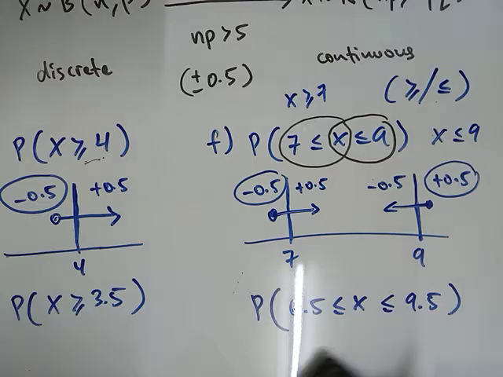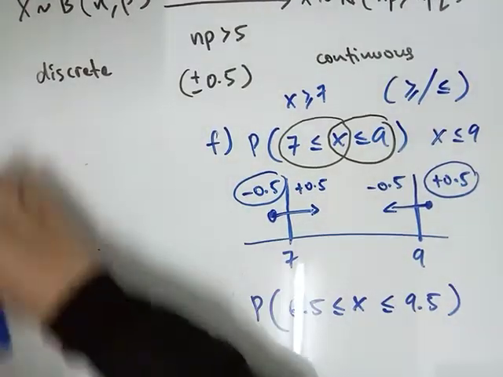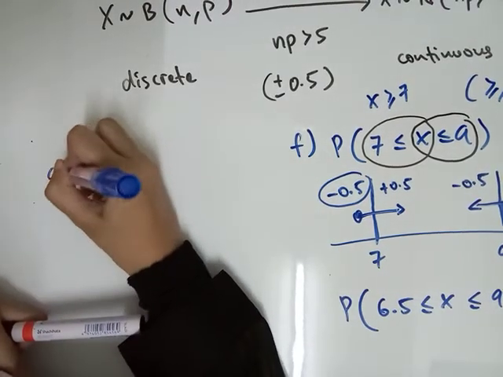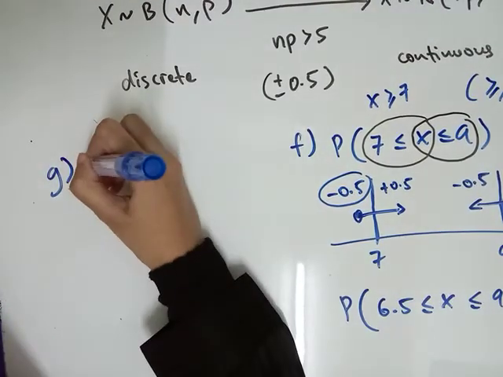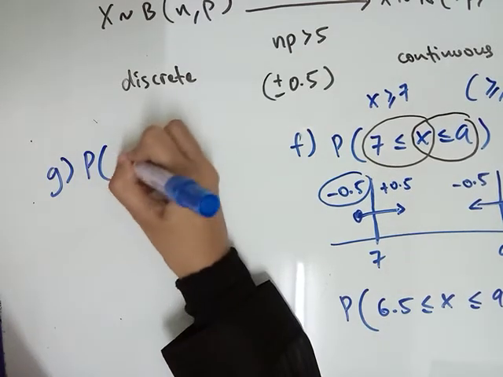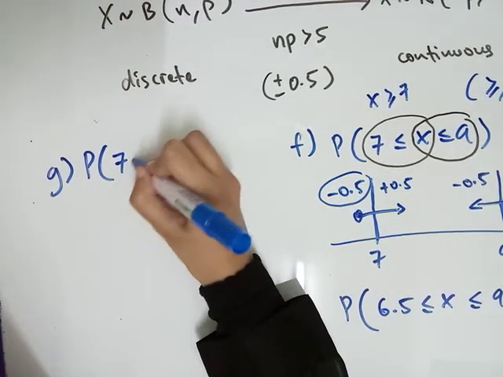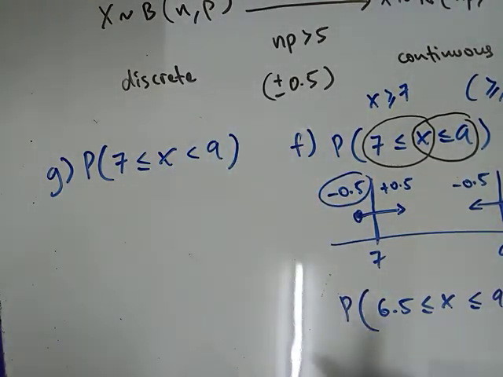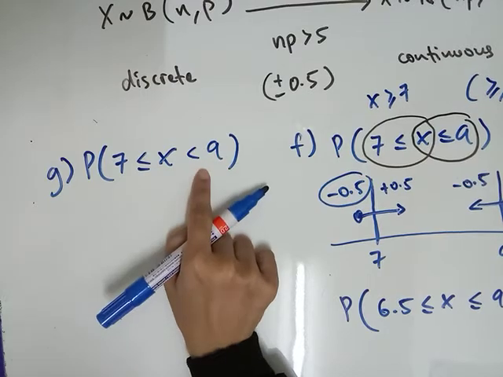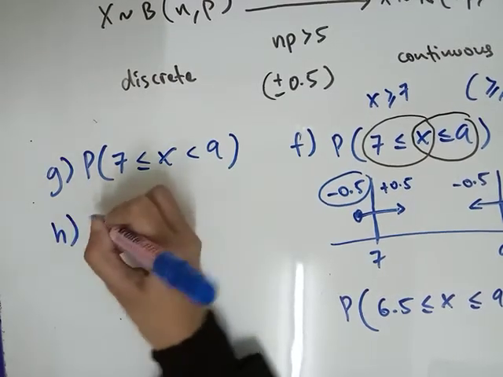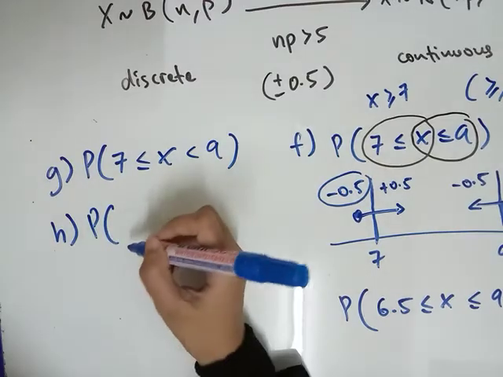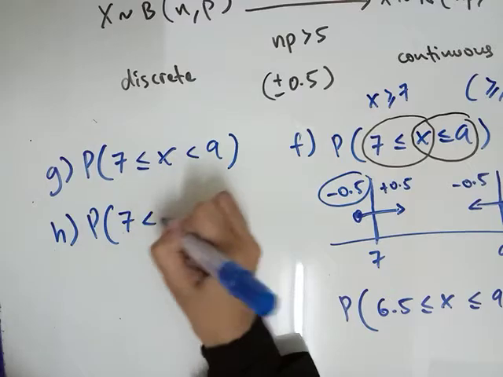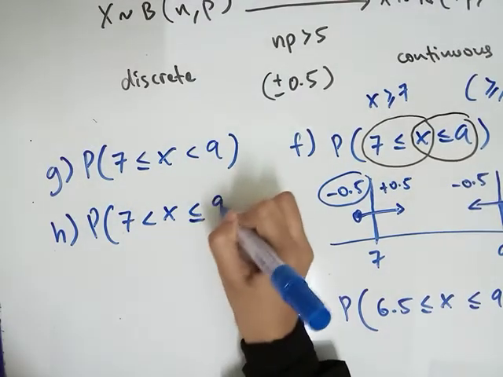Okay, I have a question for you. Okay, try. After F, try do for G. G is, you need to find when the probability is X in between 7 and 9. Okay, X more than and equal 7, X less than 9 for G. And then H is about probability X more than 7 and less than and equal 9.